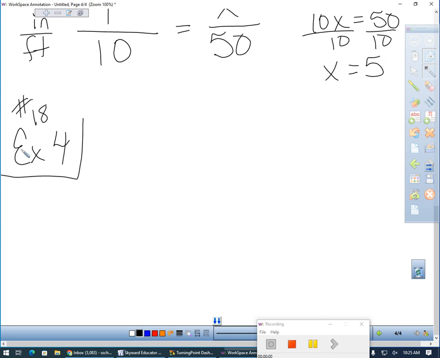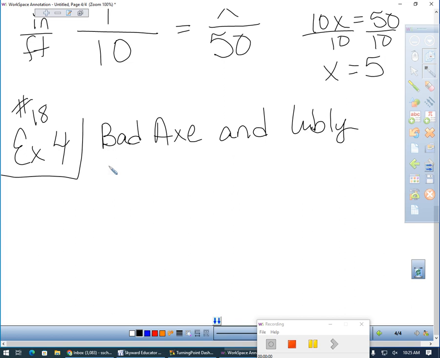So use your notes when you're working on your homework today. We're going to say Bad X and Ugly are 15 miles apart.